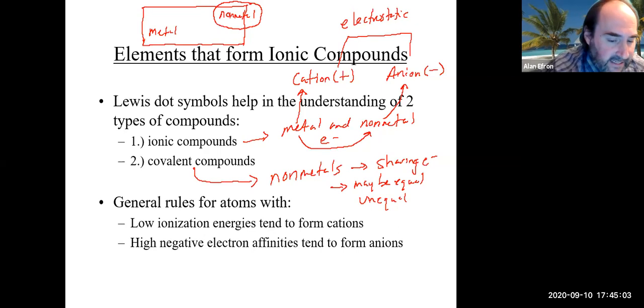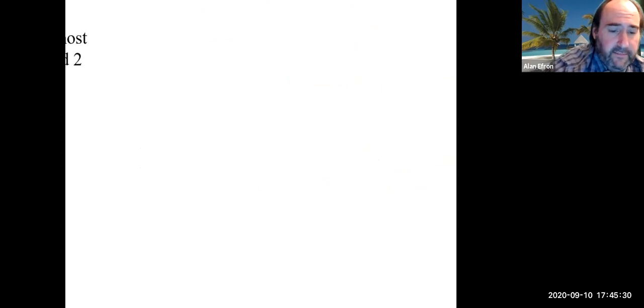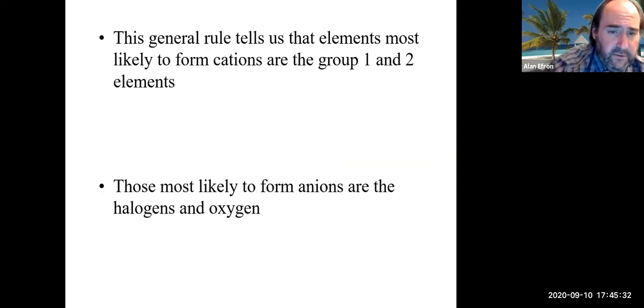Those with high electron affinity tend to form anions, and that is up and to the right, which is our nonmetals. So when those two get together, you have a metal that's willing to give away its electrons and a nonmetal that's willing to accept those electrons. That's why we get a transfer of electrons.